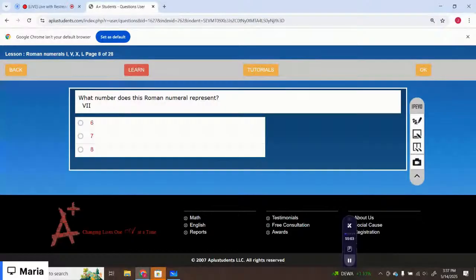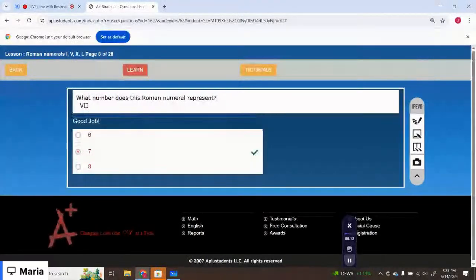What number does the Roman numeral represent? That represents, very good, 7. Option number 3 is the correct option.